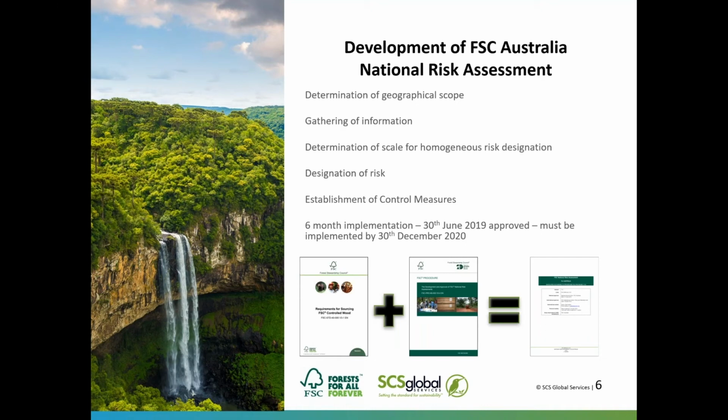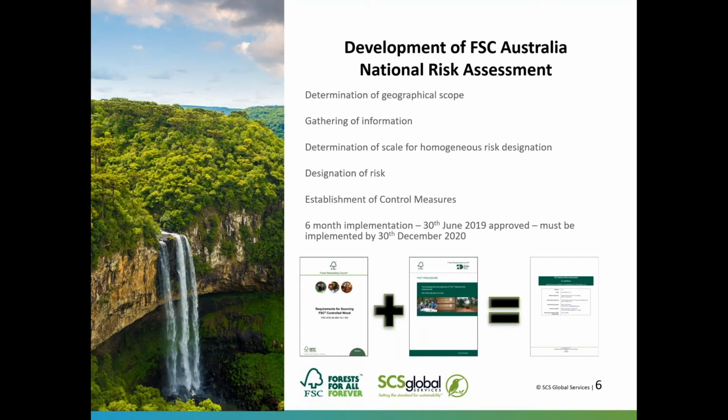Additionally, there are public consultations for the development of the national risk assessment. I think there are several of these that happen per country, and then feedback is incorporated into the national risk assessment itself, which then has to go to FSC International for approval. And that process is to make sure that it aligns with the actual standard itself, the FSC controlled wood standard.